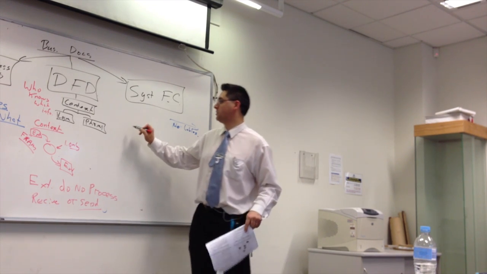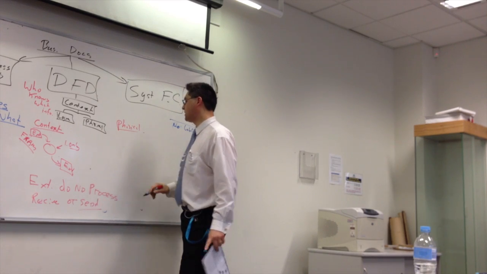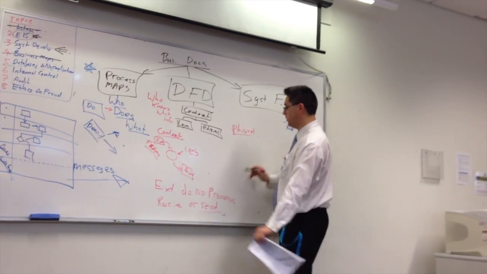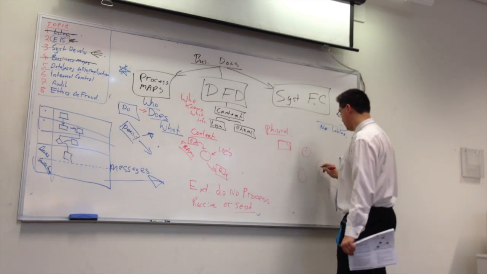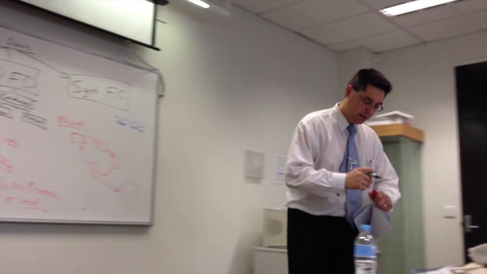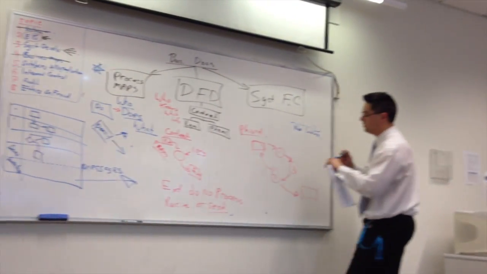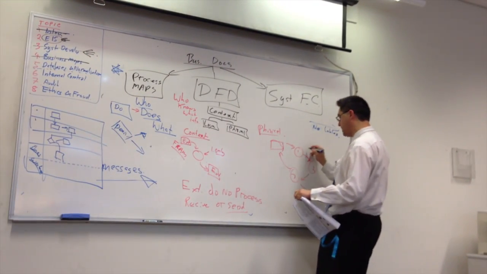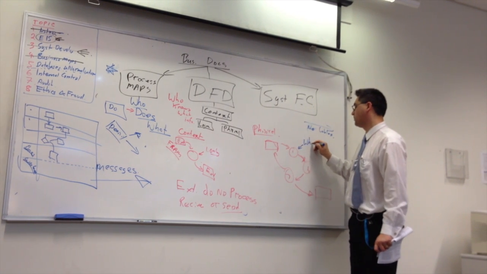I'm going to write physical here. The physical data flow diagram will have the same 1, 2, 3. The key part of the physical data flow diagram is that these internal entities are who.